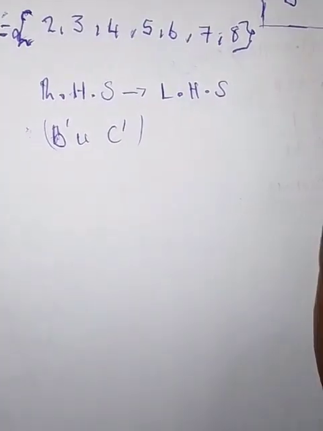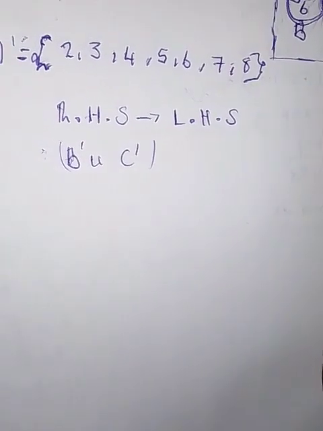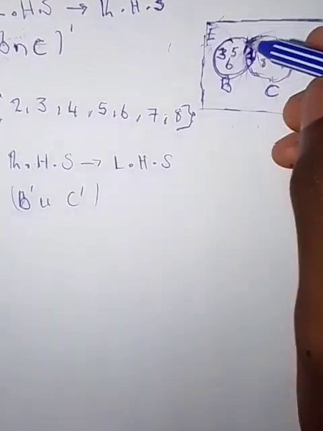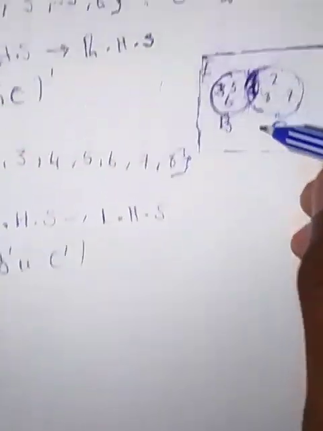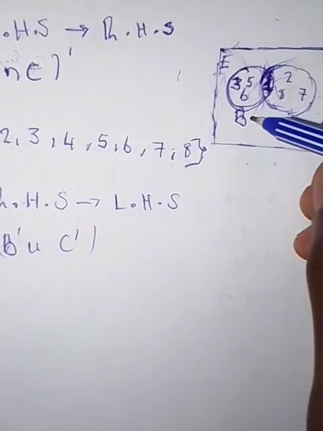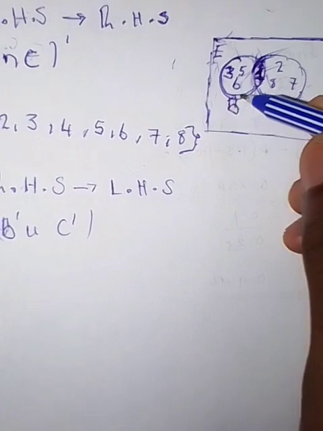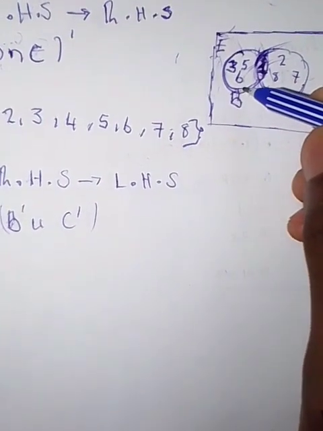As you can see, we have B and C. This means they want you to unite the elements that are not found in B. What are those elements?